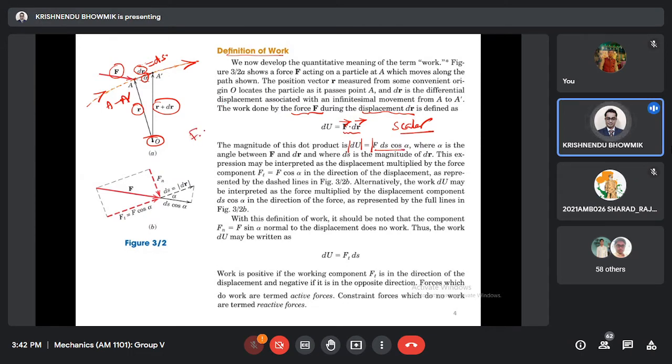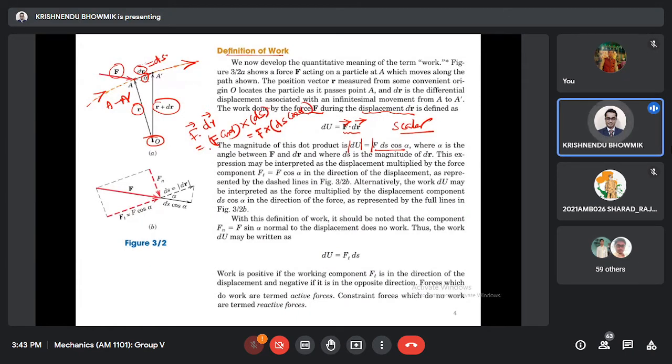So F dot dr equals F cosine alpha, the component of F along the displacement, multiplied by ds, or force multiplied by ds cosine alpha.